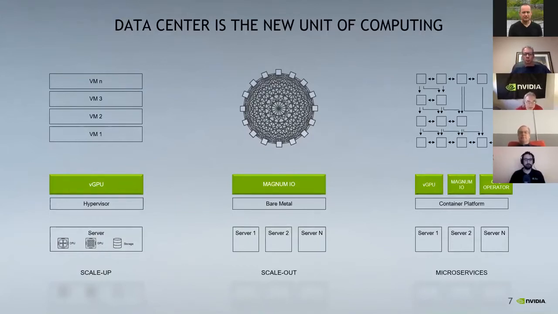Some of the areas that I'm working on include the Magnum IO stack, and some of the discussions we're going to have today around MIG, the multi-instance GPU capability that's in the Ampere architecture, will be addressed by Adam.